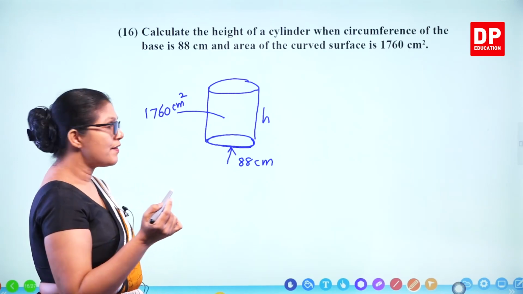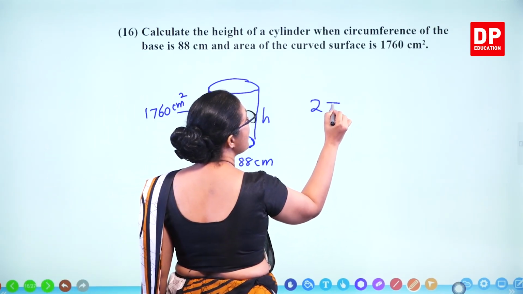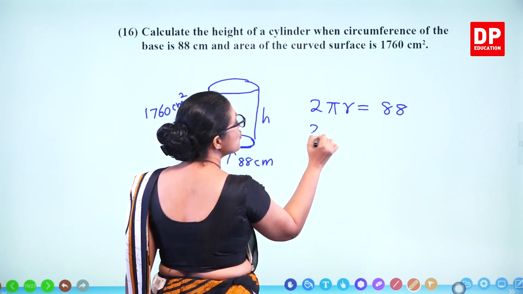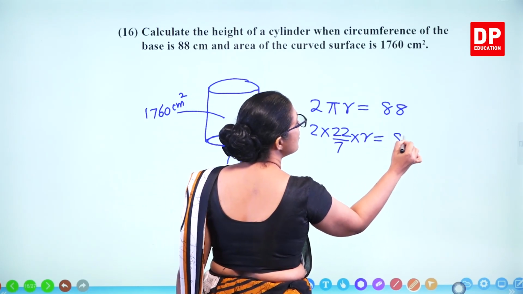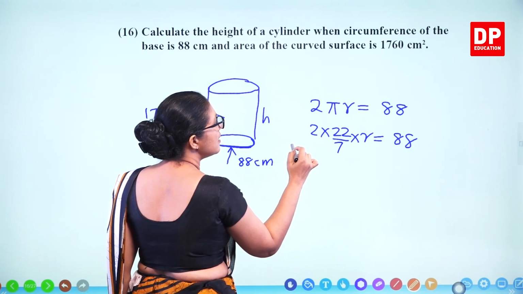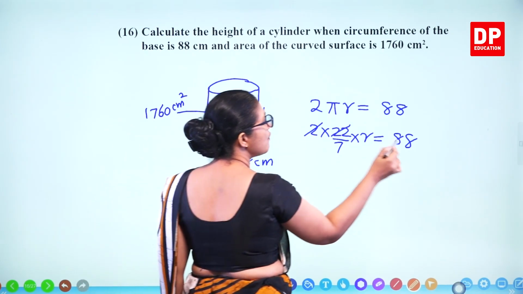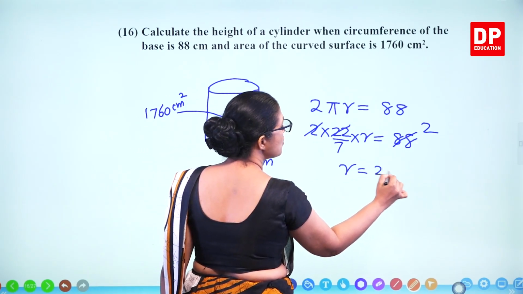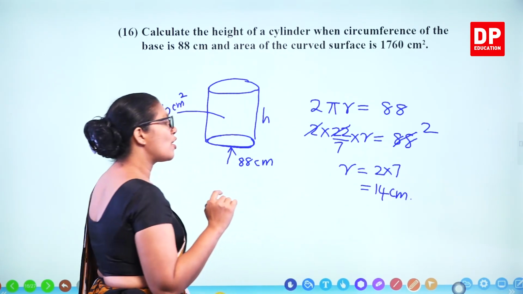So we'll first find the radius of the circle. 2 pi r is equal to 88. 2 times pi is 22 over 7, with r, you get 88 here. 2 and 22, 44. Divide by 44, you get 2 here. So what's r? 2 times 7, that's 14 centimeters. We found out the r.